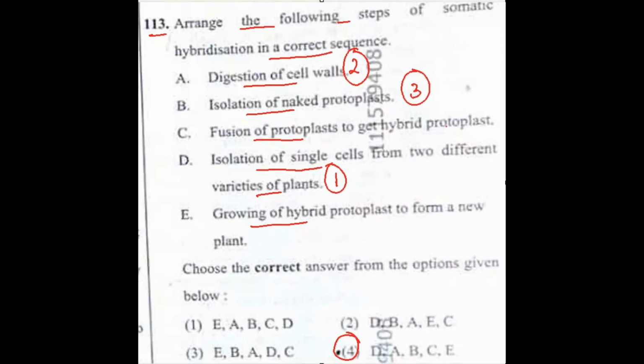And then comes C, fusion of those protoplasts to get hybrid protoplasts. And then comes E, which is the fifth one, growing of hybrid protoplasts to form a new plant. So the answer here is option 4.